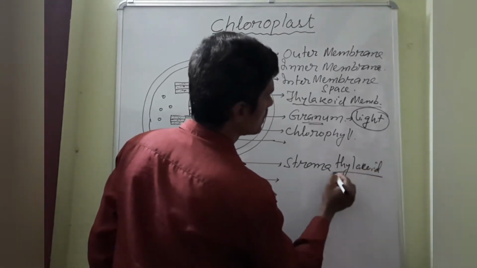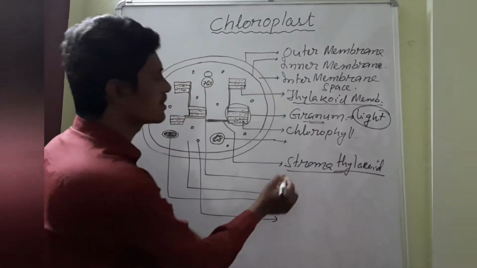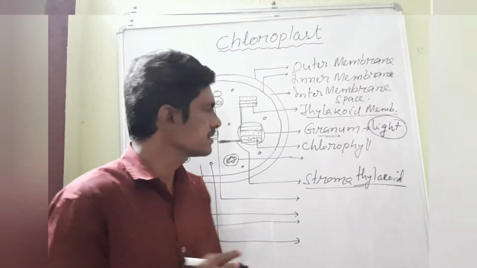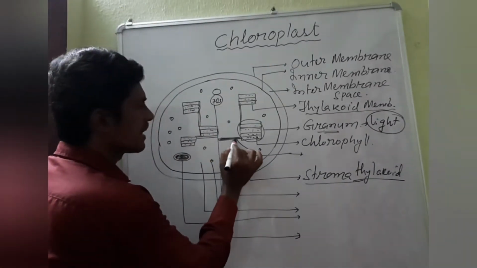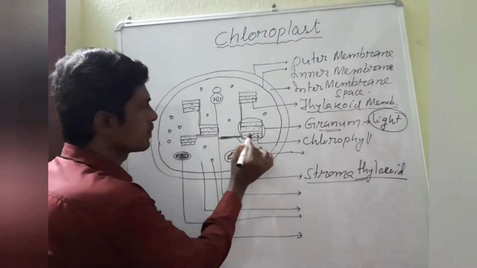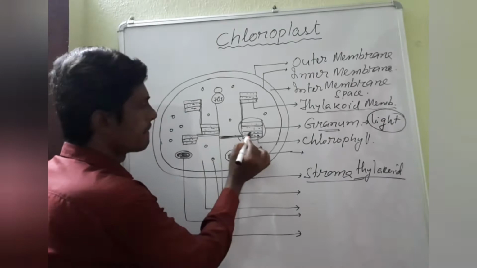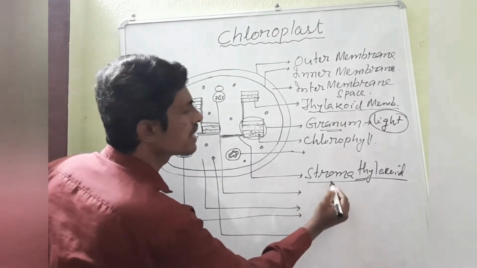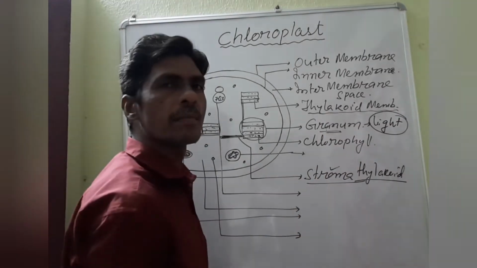Now see, why is it called stroma thylakoid? This connecting link is found between the two grana, but the part is present in the stroma region, meaning the non-green part. So that's why they gave the name stroma lamella.